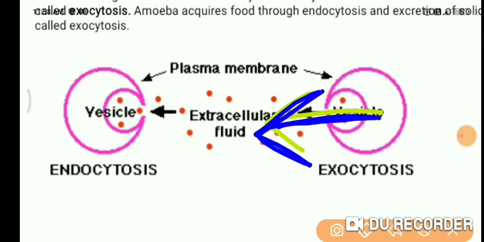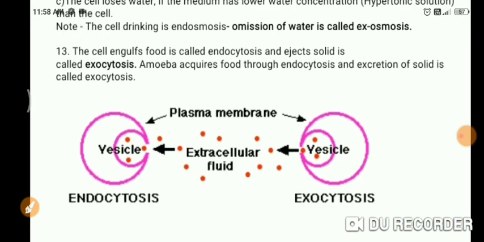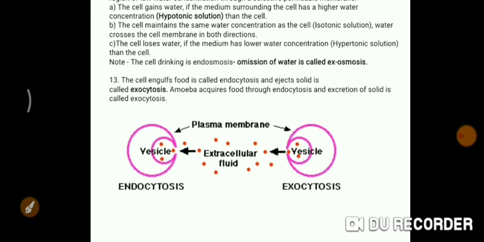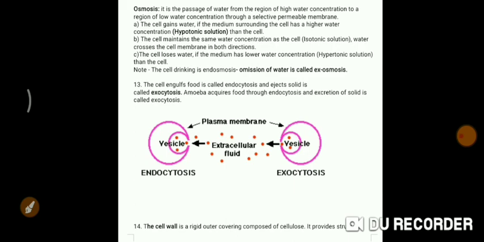And if water is moving inside the cell, it is known as endocytosis. In the same way, exoosmosis and endoosmosis can be explained. It is a process by which various organisms such as amoeba, paramecium, mostly all single celled organisms, exchange their materials. Is that clear?